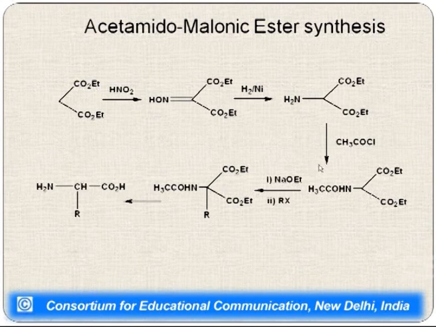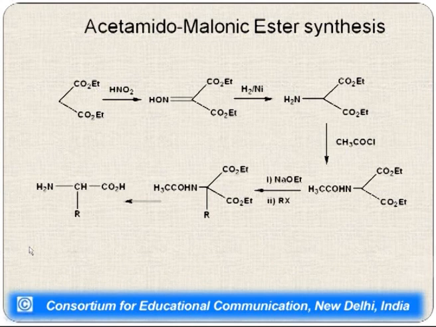Now, when we have protected the NH2 group, we can certainly react it with sodium ethoxide, creating a carbanion here, and react with alkyl halide, putting an R here by the usual method. Then, as we hydrolyze the carboxylic esters, we also hydrolyze the amide here to get the required alpha amino acid.